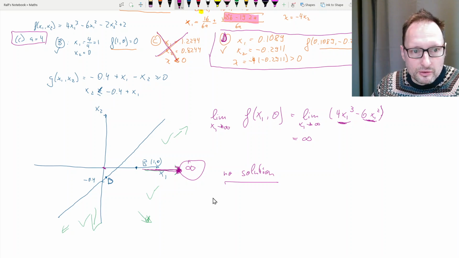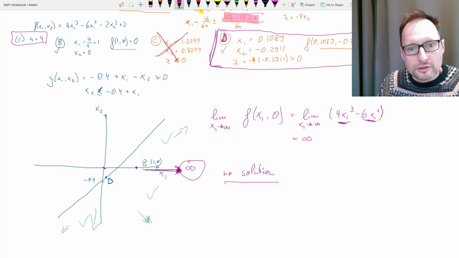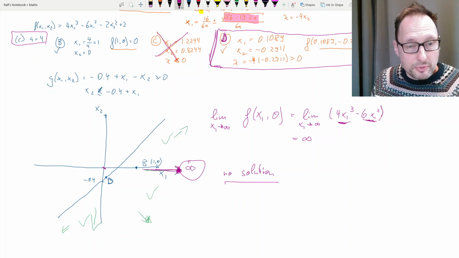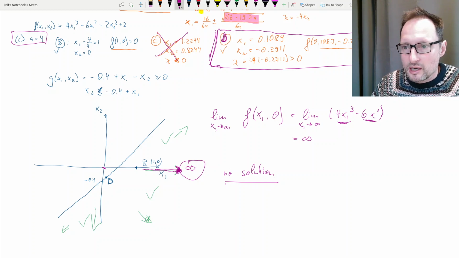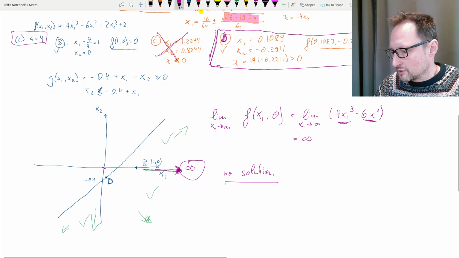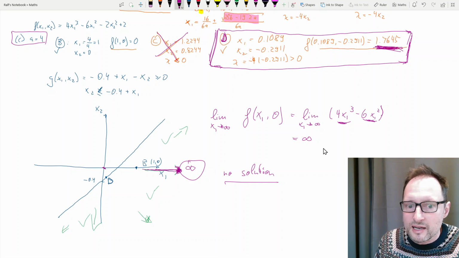So let us briefly recap how we ended up here. We ended up with our last remaining candidate solution, point D. But since our Lagrangian conditions were not sufficient, we actually had to investigate the shape of the function in the allowed area, and we discovered that in some part the function shoots off to infinity, goes beyond the function value at our candidate solution, which was just 1.7645.